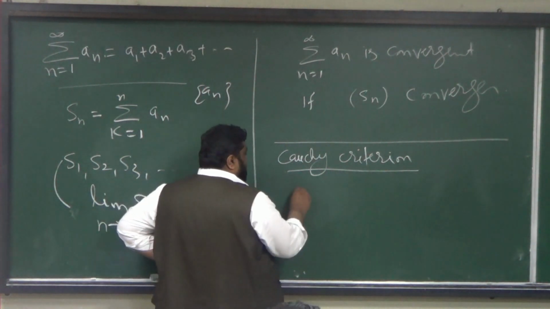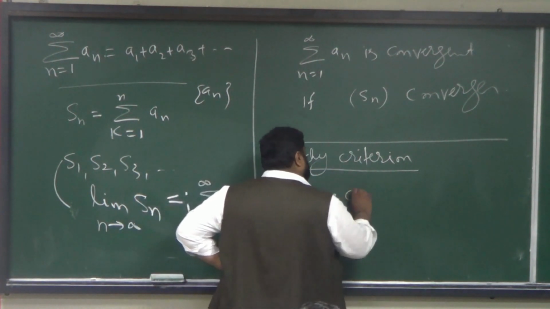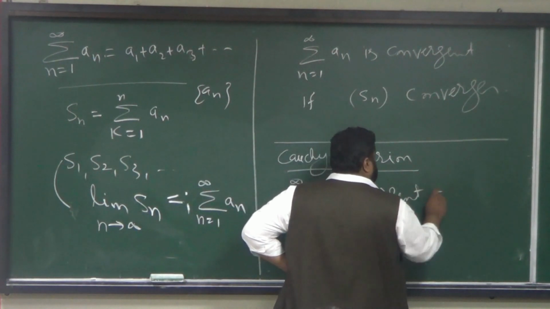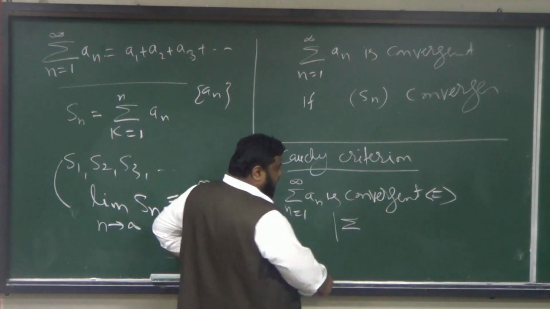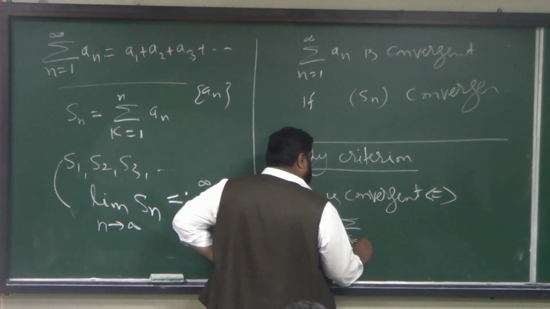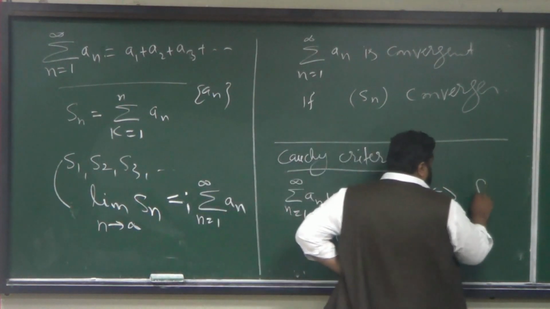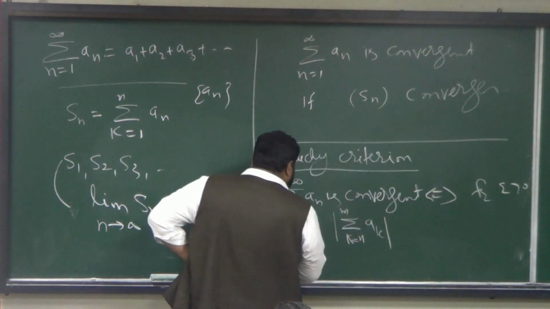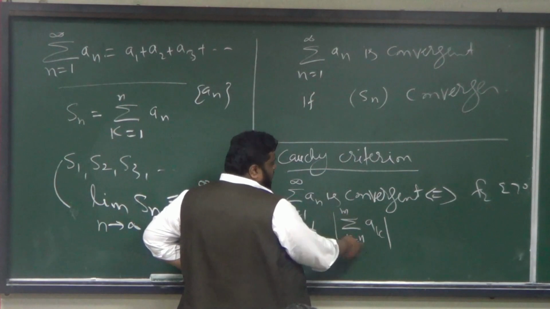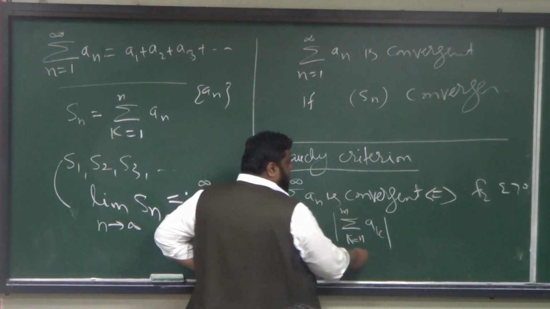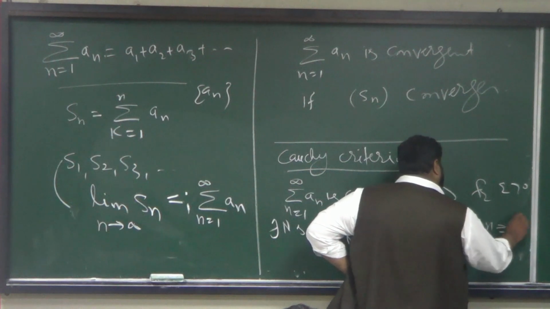The Cauchy criterion was that the sum of An, where n goes from 1 to infinity, is convergent if and only if the tails of this sum, beginning from some number n to an arbitrary number m, are small. That is, for every epsilon positive, there exists a natural number N such that the sum of ak from n to m is less than epsilon, for all m bigger than or equal to n bigger than or equal to N.